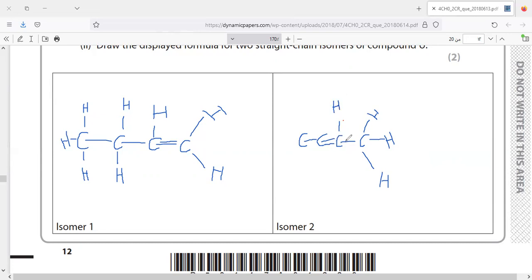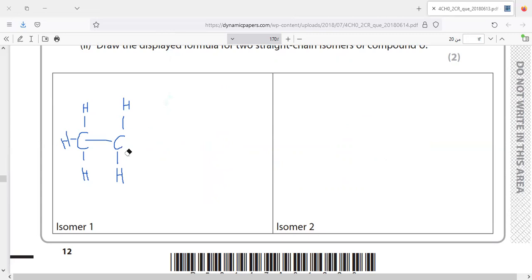Here, just put 1 hydrogen, and here 3 hydrogens. Got it, Muhammad? Yes. I said before many times, drawing isomers for alkenes is very easy. Just change the position of the double bond.